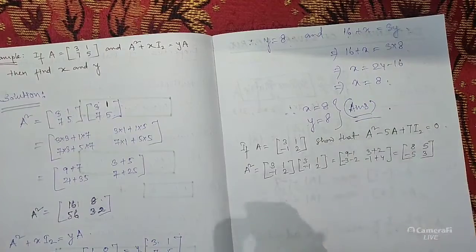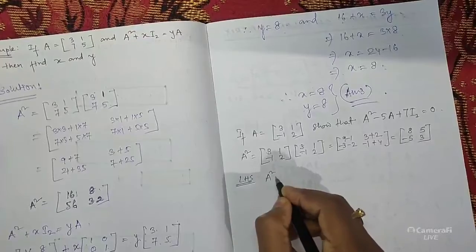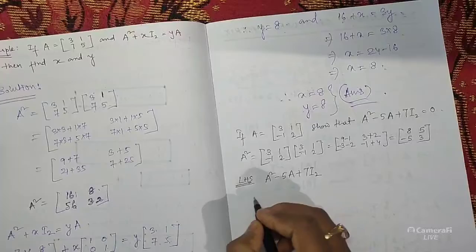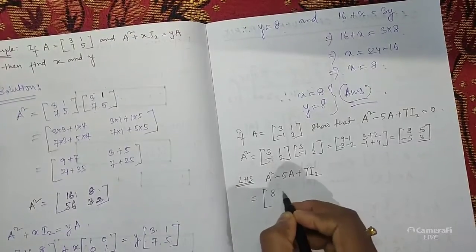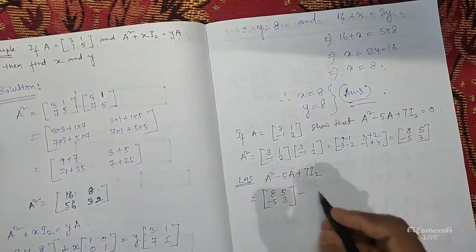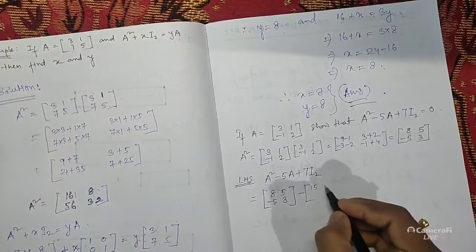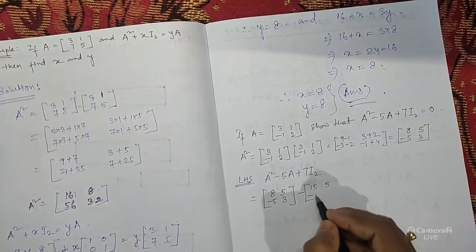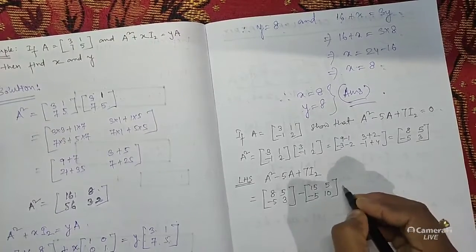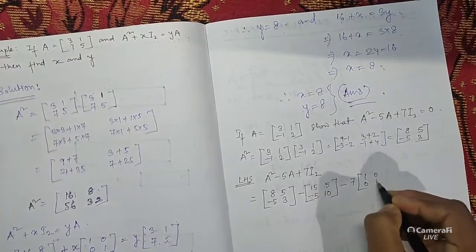Now we have to take the LHS. The LHS is A square minus 5A plus 7I2. This equals, put the value of A square, [8 5; minus 5 3], minus 5 into A: directly 5 into 3 is 15, 5 into 1 is 5, 5 into minus 1 is minus 5, 5 into 2 is 10, plus 7 into I2. Now 7I2 means 7 times [1 0; 0 1].